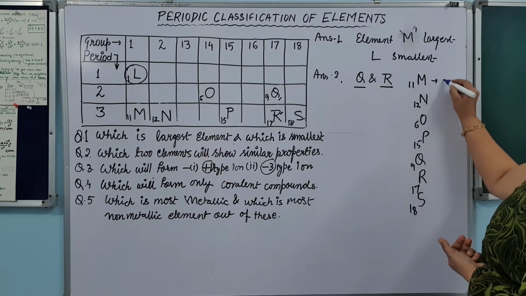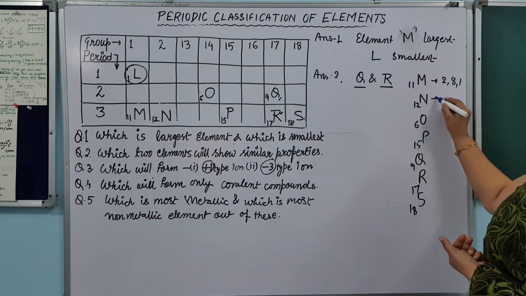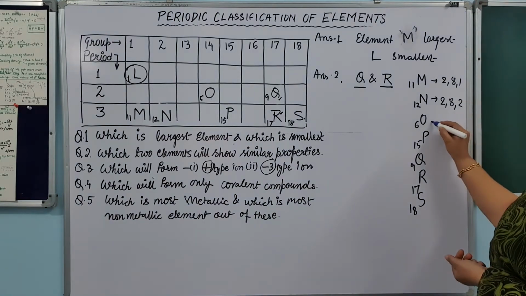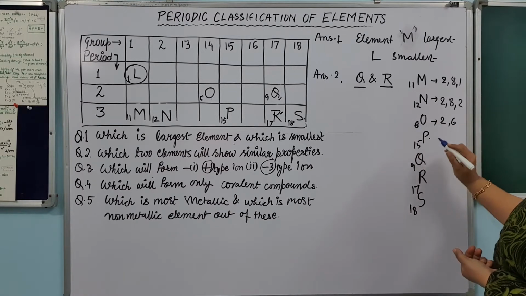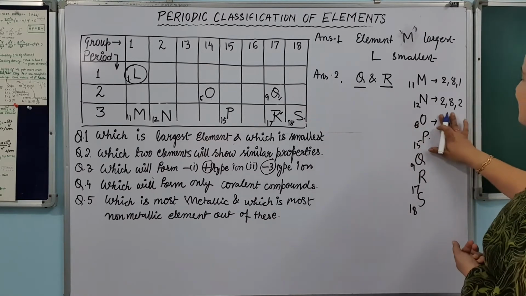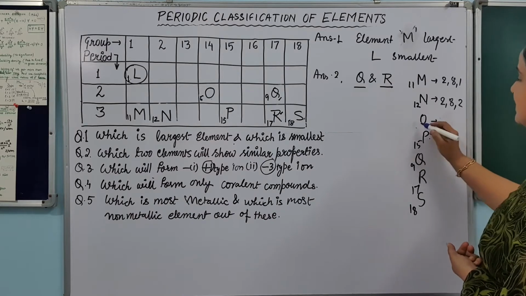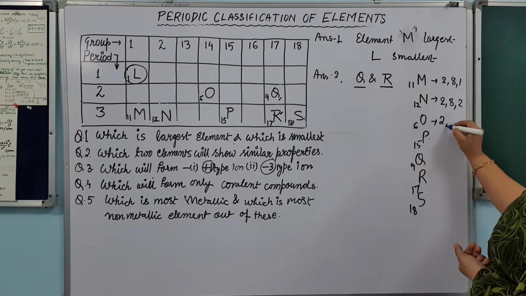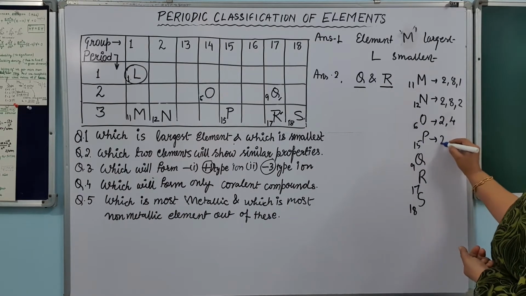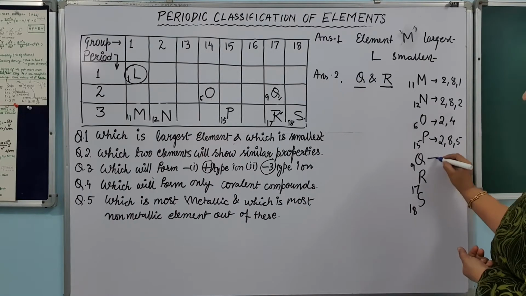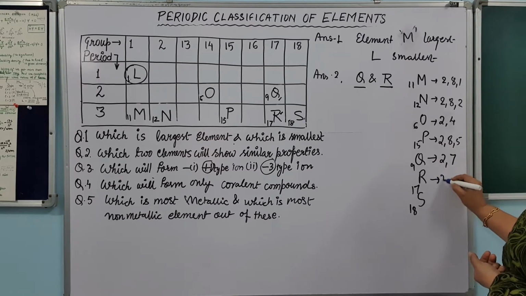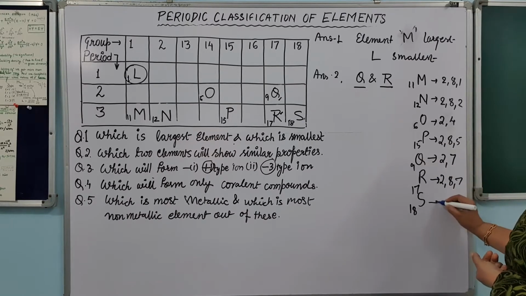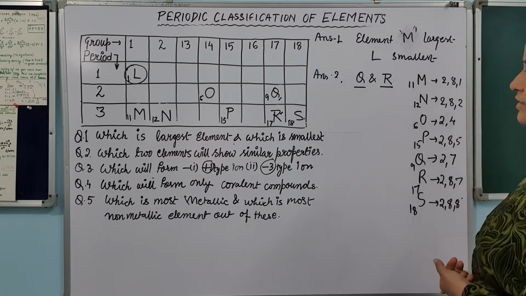So this is 2, 8, 1, this is 2, 8, 2, this is, sorry, 6, I also got confused, so 6 is 2 and 4, this is 2, 8 and 5, this is 2, 8 and 7, and this is 2, 8 and 8. So these all are the configurations.